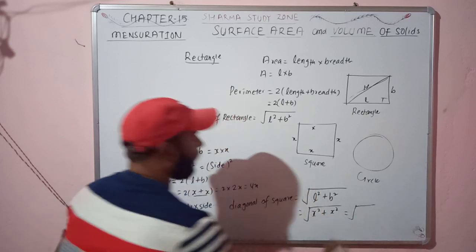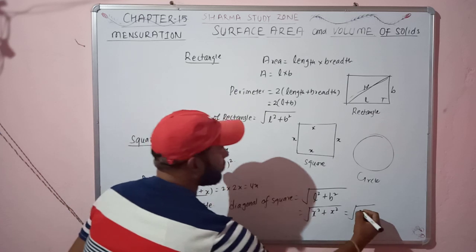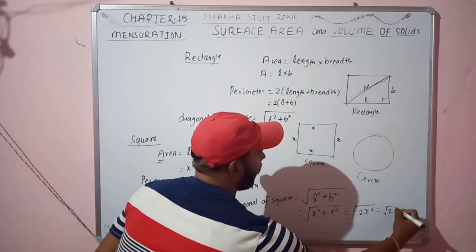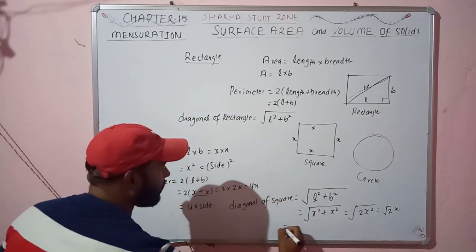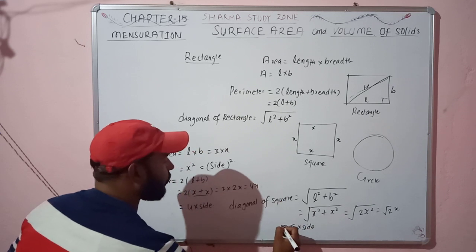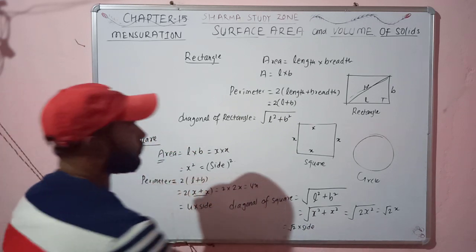Now we can write x square plus x square becomes 2x square, and finally it can be written as root 2 into x, or you can say root 2 into side. This was the formula for the diagonal of a square.